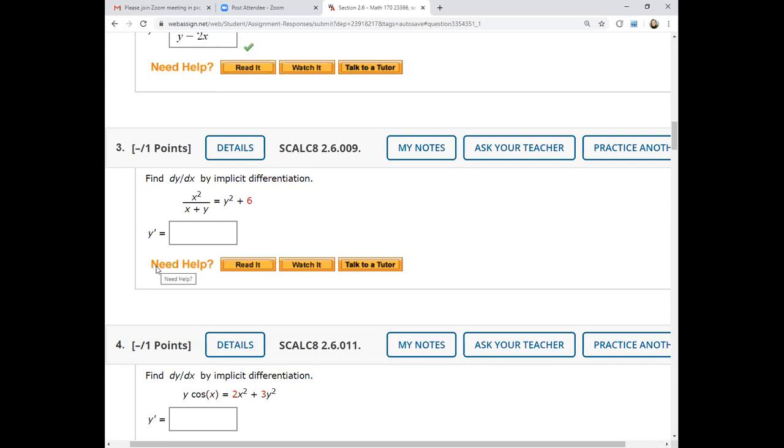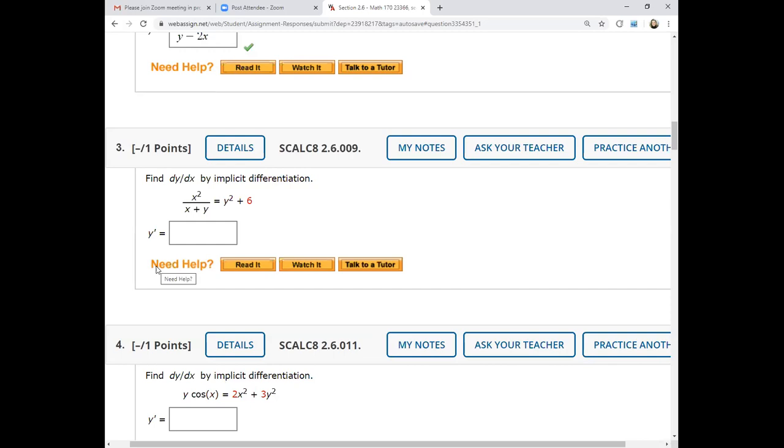Now I have to factor out dy/dx. On the right side, I'm going to factor out dy/dx and use a bracket. I'm going to end up with x squared plus 2y times x plus y squared.